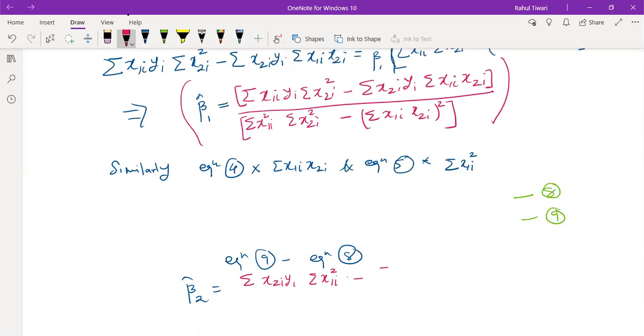So this is going to be summation x1i yi and summation x1i x2i. In this expression, when you replace 1 by 2 and 2 by 1, it does not have any effect. So you get that whole thing divided by summation x1i square, summation x2i square.